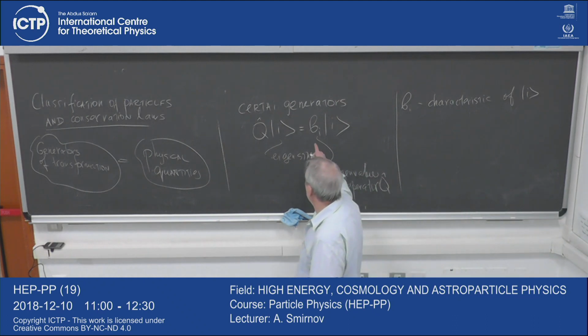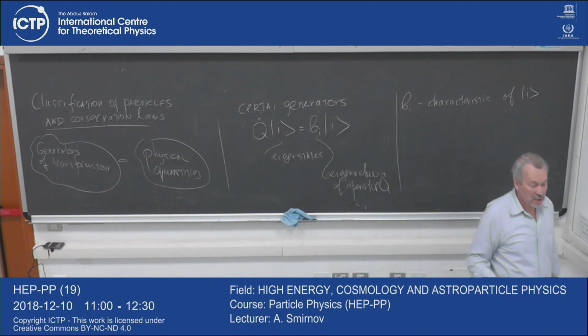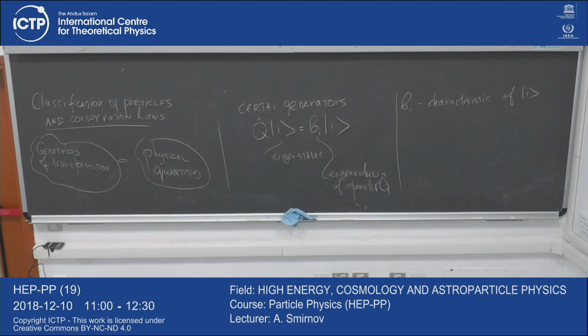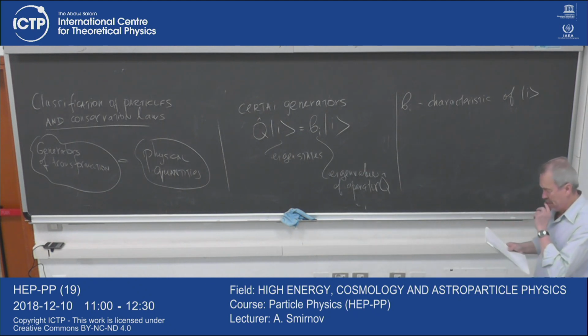We have this B as 1/2 and -1/2 for proton and neutron, and this can be used as a characteristic of proton and neutron, the third projection of isospin. So we can use then B to classify our particles.